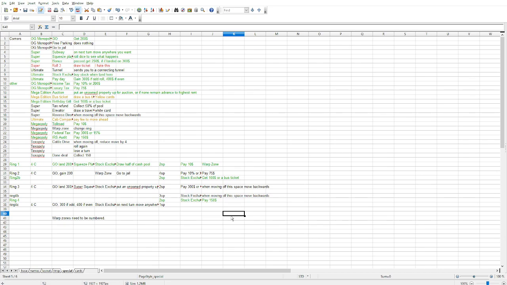Oh, I didn't do the cattle drive one yet. You know what? Screw it. I'll go with the collect 150.